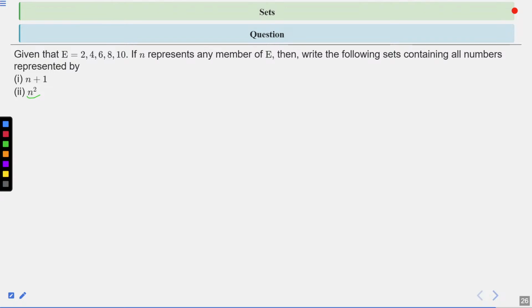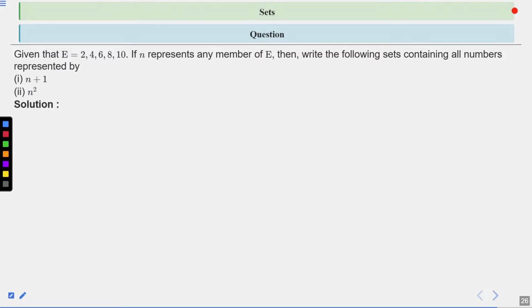What we are trying to do is construct a set in which we have elements of the form N plus 1, and for the second, N square, where N represents a member of this set E, described here in roster form. Clear? So you have to construct these two sets accordingly.